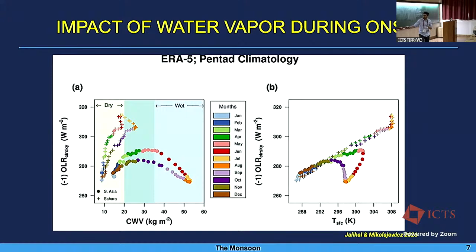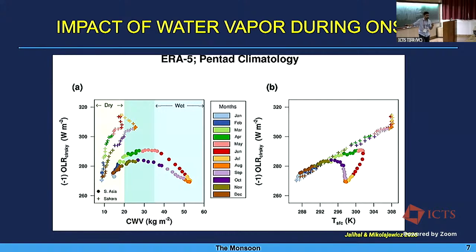Now, there is no clean relationship here for Sahara. Water vapor never exceeds 20-25 kilograms per meter square. So over South Asia, the moment it crosses about 25-30 kilograms per meter square, there is a negative relationship between the two. So this is mainly in the monsoon months, June, July, August, September.